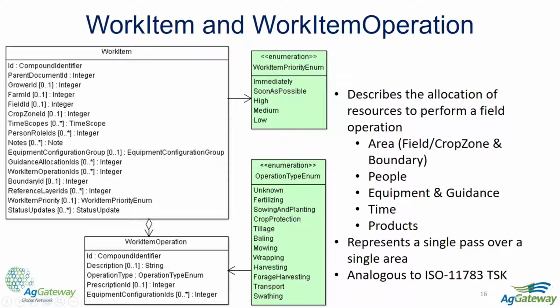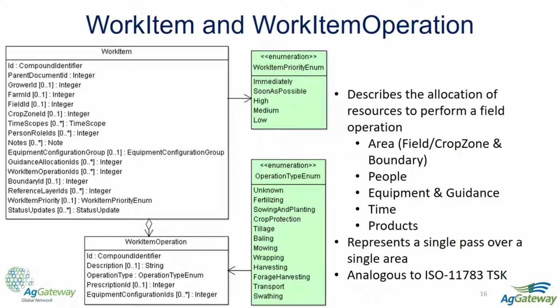So where is this going to happen? Well, it specifies that through field ID or crop zone ID. It also provides us the boundary that we're going to use. It can tell us who the people are who are involved through the person role IDs list. And it can also tell us the equipment that we're going to use and what configuration for that equipment needs to be used.